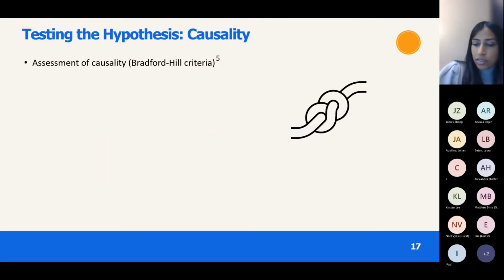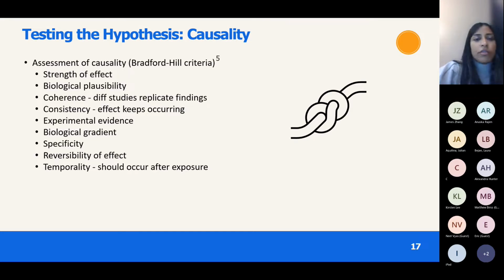Oh, okay, Christina has included the Bradford Hill criteria that I mentioned earlier. Talked about strength, talked about biological plausibility, if there's a mechanism for it in the literature, and gradient, that's what I talk about. So coherence is about if there's multiple studies showing the same thing, it's more likely that there is a causal relationship.